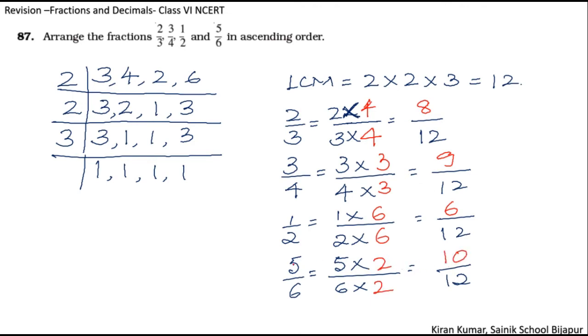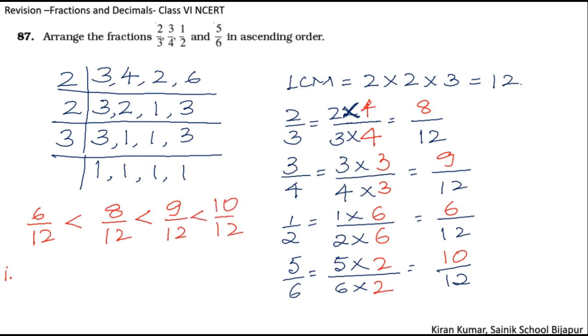Now you compare these numbers. Here the smaller one is 6 by 12, which is lesser compared to 8 by 12, which is further lesser compared to 9 by 12, further lesser compared to 10 by 12.